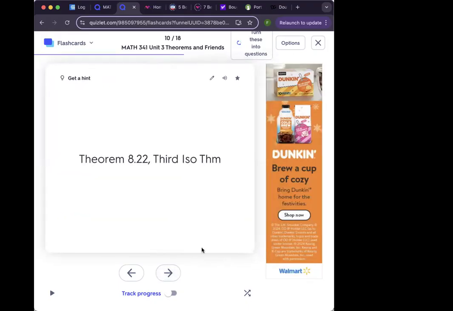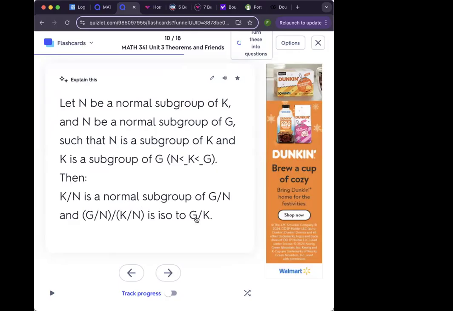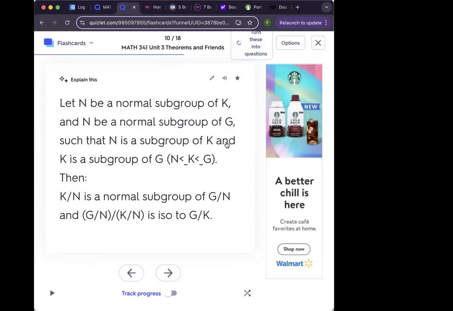And finally, the third isomorphism theorem. We let N be a normal subgroup of K, and I think I messed that one up.